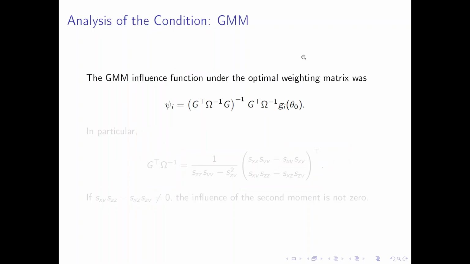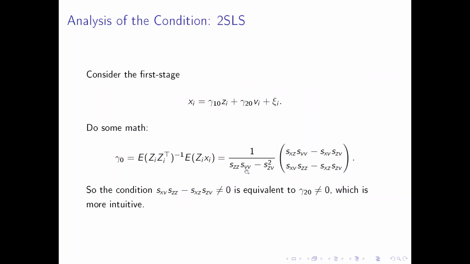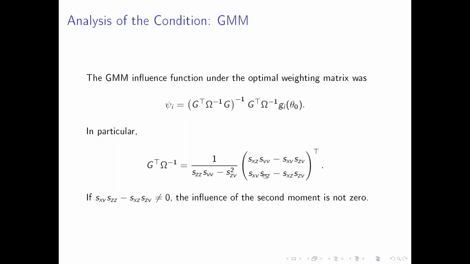Now, if you think about GMM, it is less intuitive. For GMM, I will start from the influence function from the lecture note. We had this influence function, and here in particular, I'm going to look at this part. If you look at this part, G prime omega inverse, right? Then you get the same form. Actually, I was looking for this form from GMM that was here, and you get here.